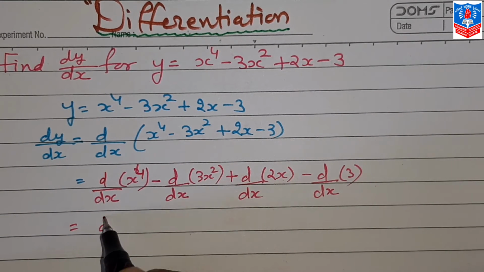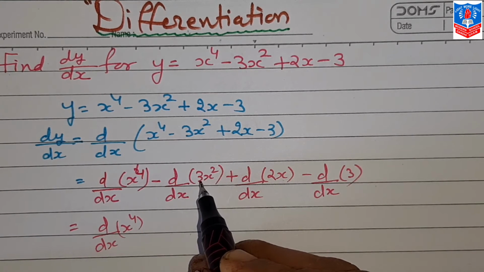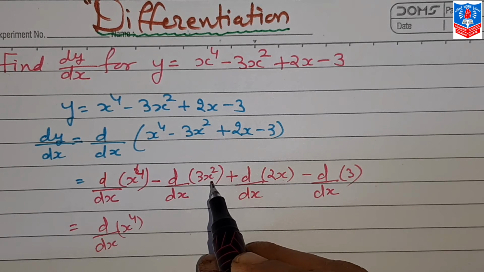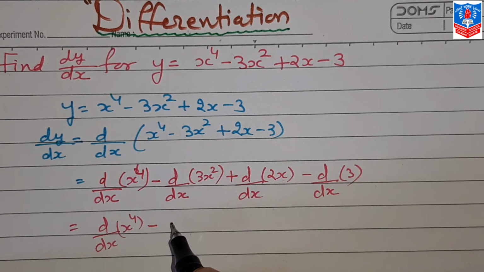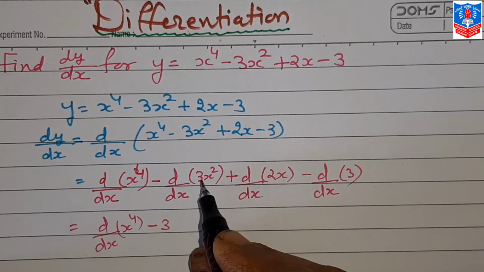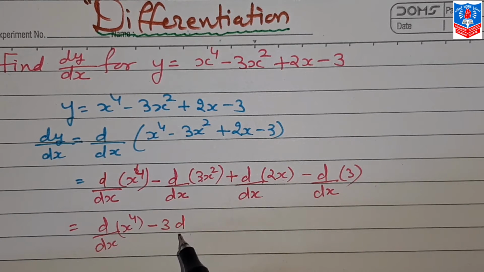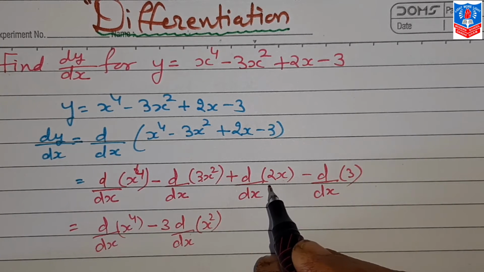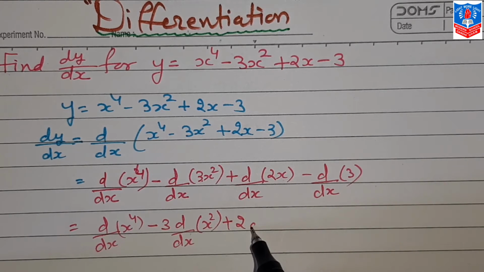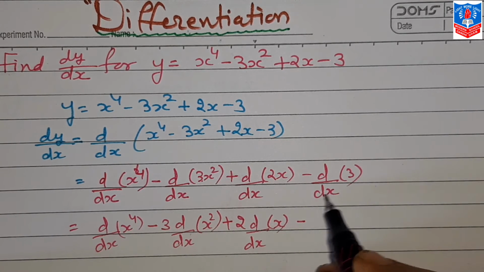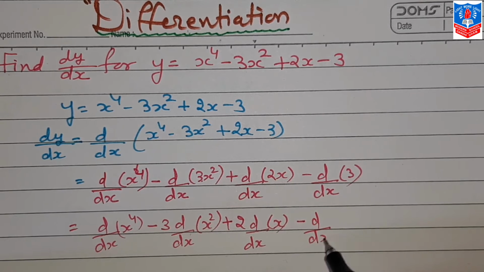Next step will be, this value will be as it is, but because 3 is here in multiplication, we write this 3 outside: minus 3 d upon dx of x square. Same way, plus 2 d upon dx of x, minus, because only 3 is there, the same value will be here.